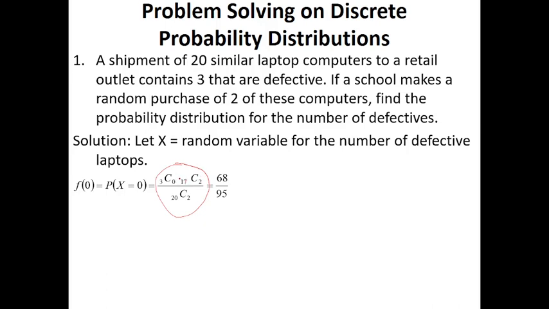So 17C2 is the number of ways of selecting 2 good laptops from 17 laptops in our population, because all in all there are 17 good laptops while there are 3 defective laptops, no? So with that, this is our solution.